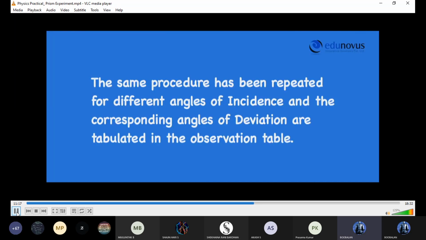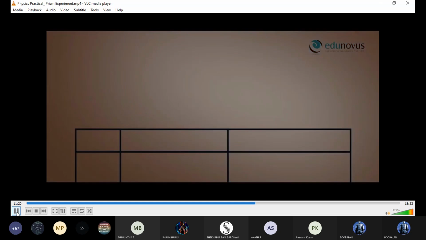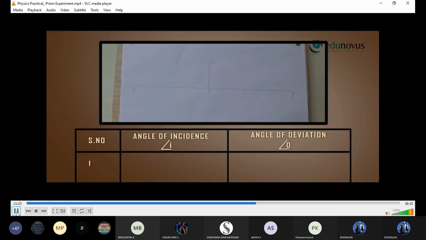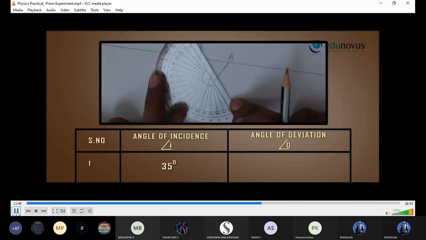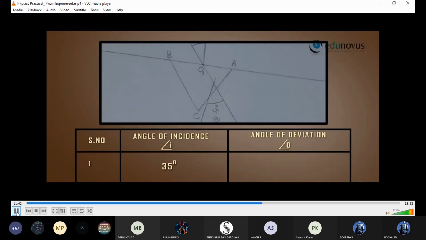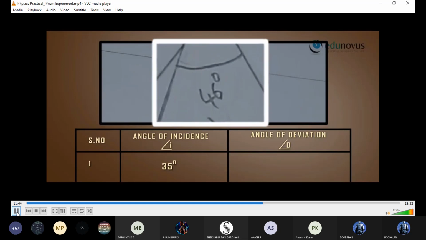That 40, 45, 50, 55. Refractive index of prism. Observations. Observation table for angle of incidence I and angle of deviation D. When the angle of incidence I is equal to 35 degree, the angle of deviation D was 46 degree.